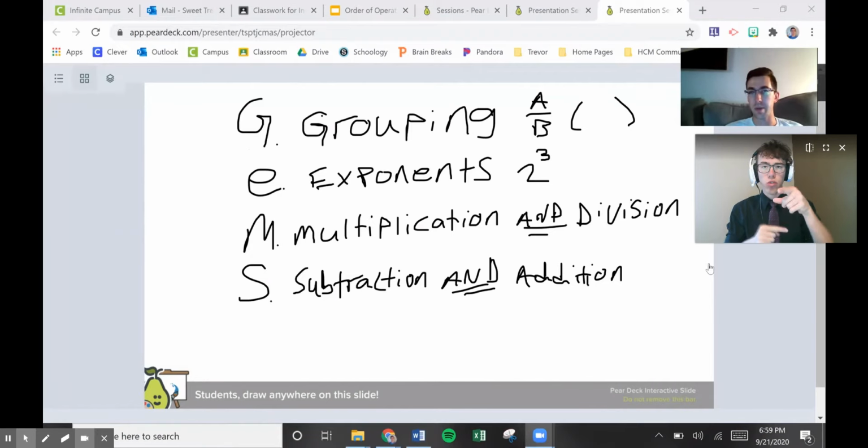You're going to start with the groupings, fractions, or parentheses. Then you're going to go to exponents, which is like 2 to the third. Then multiplication and division. If you have multiplication and division, you just go from left to right.